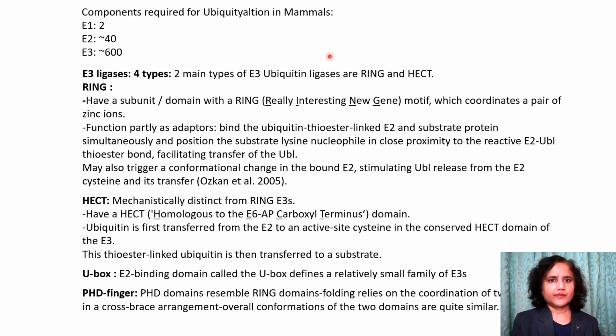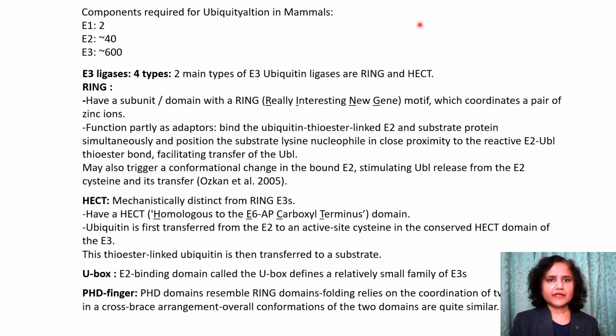So this process of modification has important consequences for the modified protein. It's a highly selective process, and this selectivity comes about because of the E3, which has the specificity determinants for recognition of the correct target proteins.